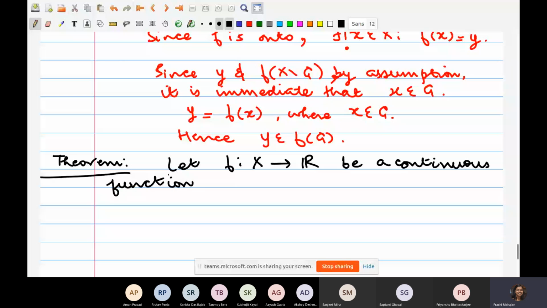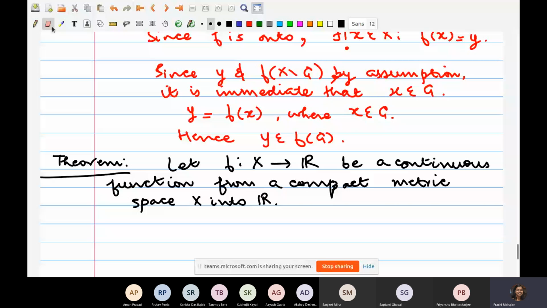And suppose that X is compact, so f is a function from a compact metric space X into R. What does our earlier analysis tell us?